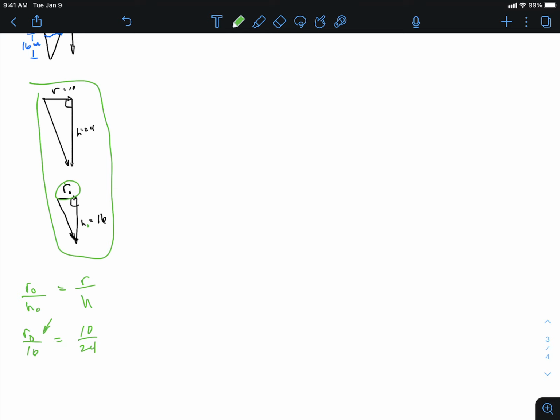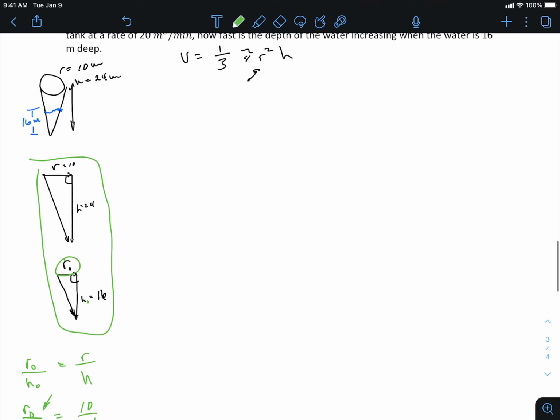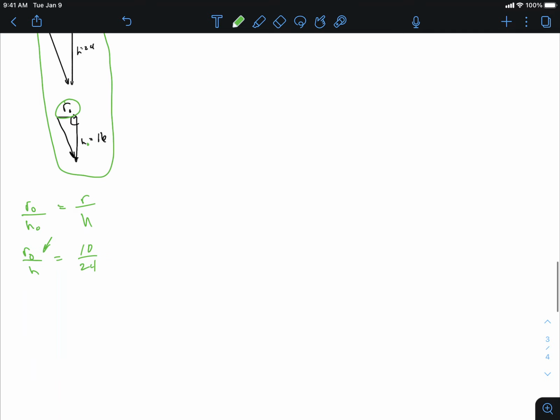We could do it this way, but that's a one-radius argument. What if we wanted to find R naught with respect to any H, any water level in here? Because ultimately that's what we want to know: what's the radius at any height H? So let's leave this as H and write R naught in terms of H, our shared variable, if you will.